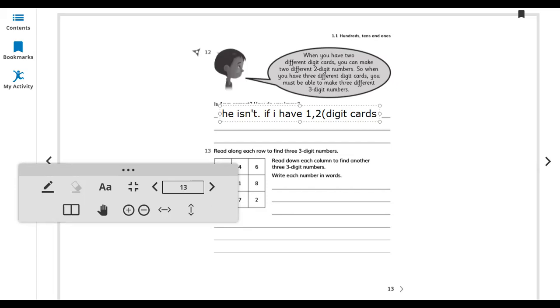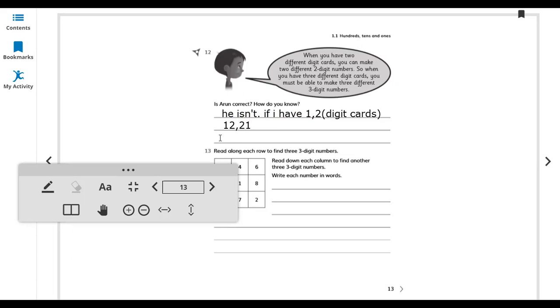So we can make two numbers. If we have three digit cards, any 1 2 3, we can make not 3, we can make 6.